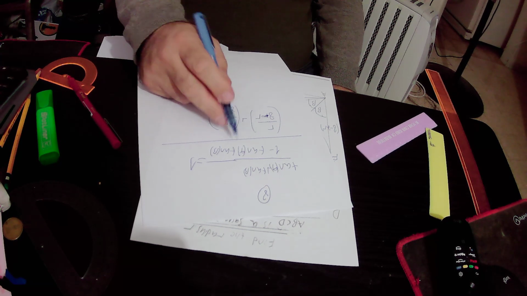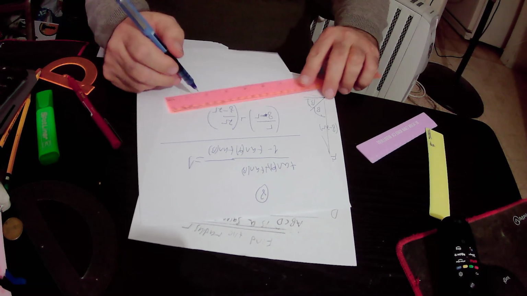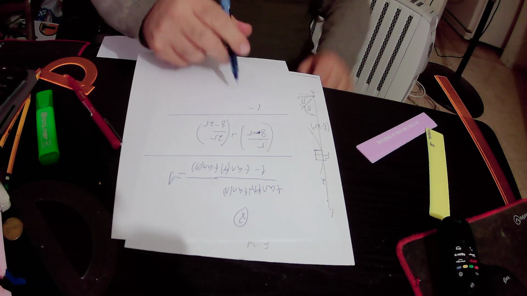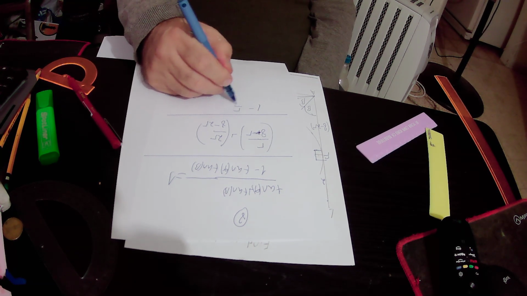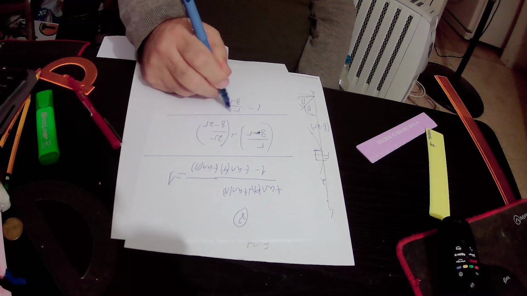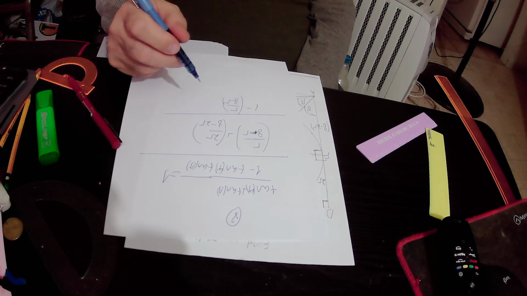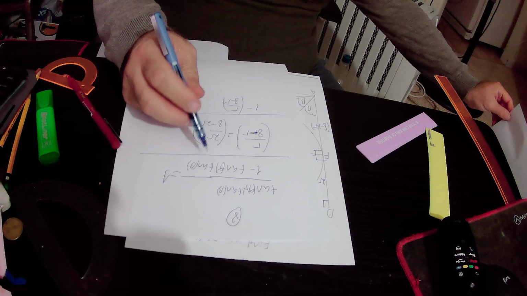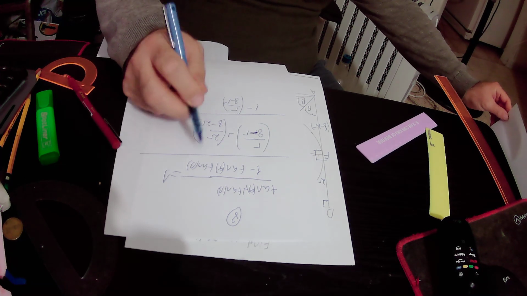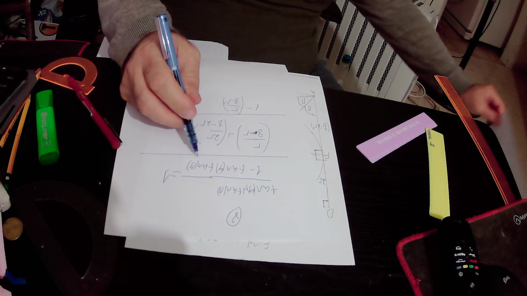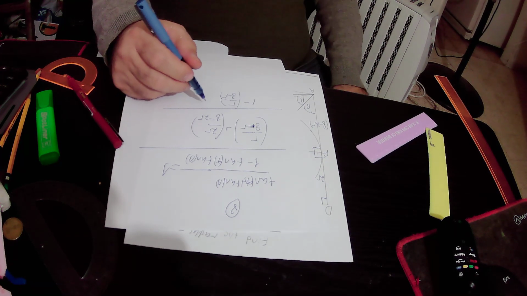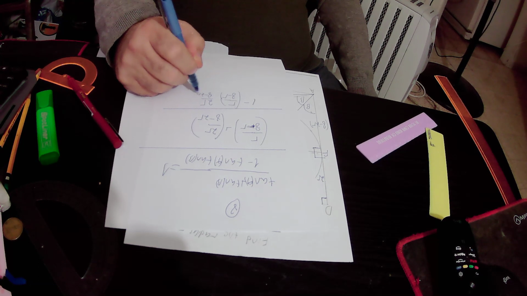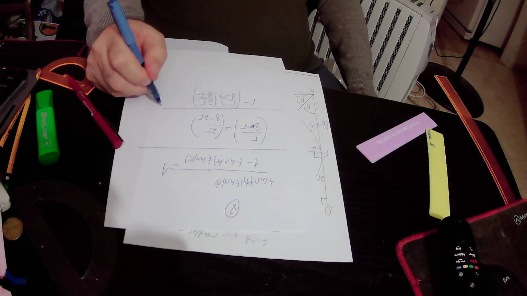So it is tangent alpha plus tangent beta over 1 minus tangent alpha times tangent beta. Tangent alpha is R over 8 minus R, and we multiply it by tangent beta, which is 2R over 8 minus 2R, all equal to 1.